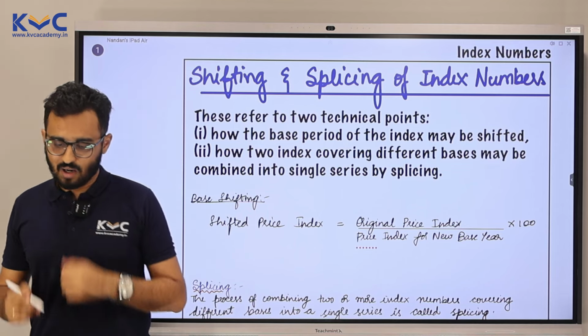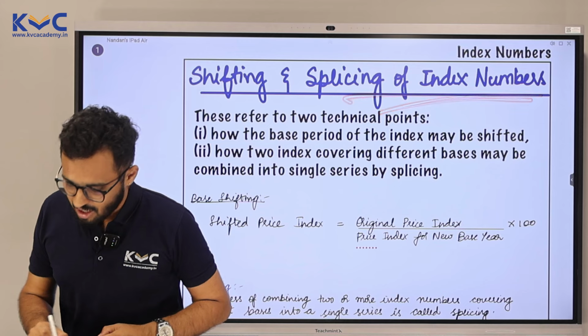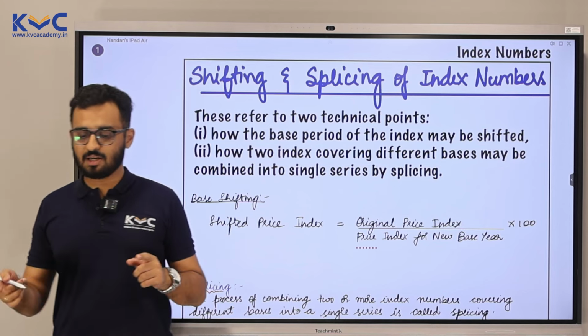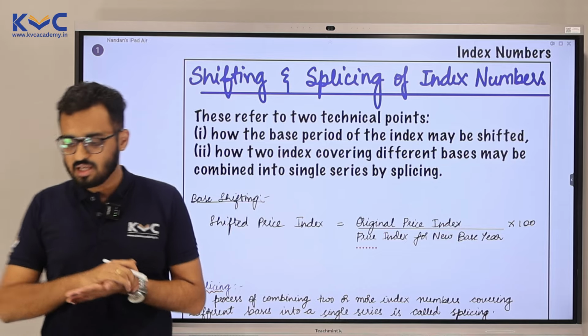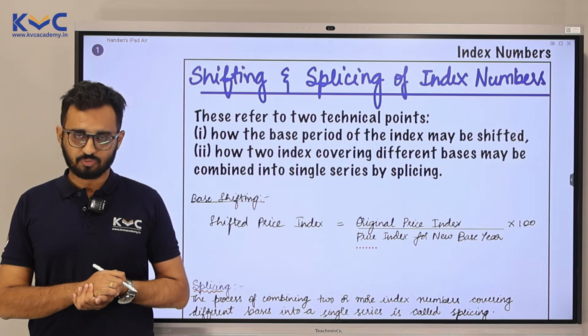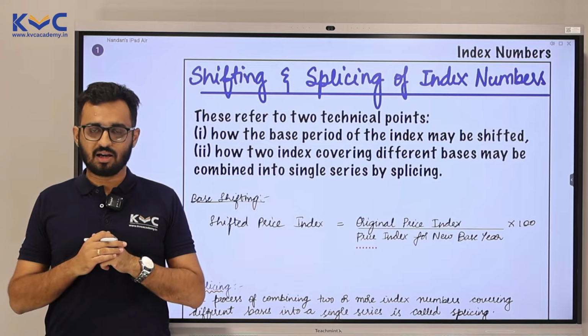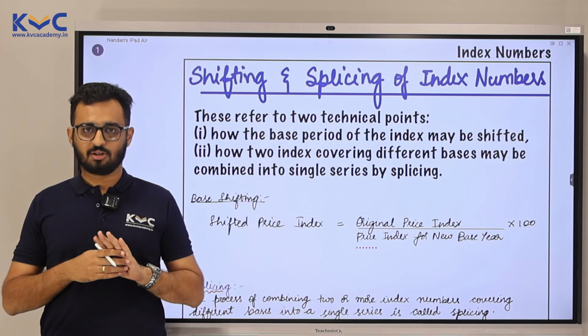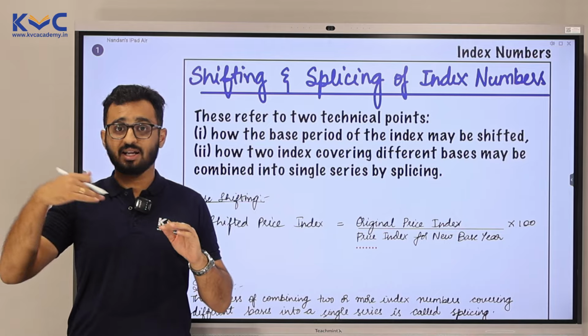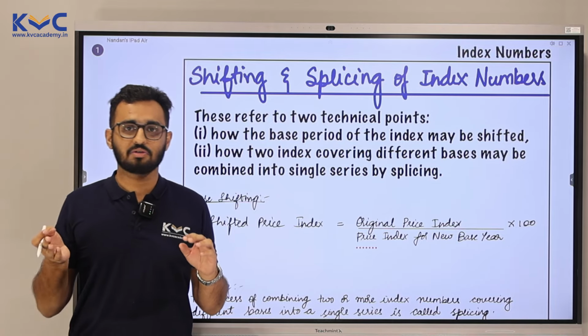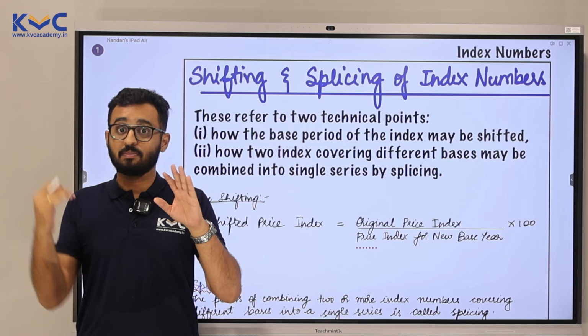Are you understanding? Wonderful. And the second one, splicing: how two indices covering different bases may be combined into a single series by splicing. Now what is happening here? Let's say you have one set of data from 2010 to 2020 and someone else started another series from 2020 being 100.